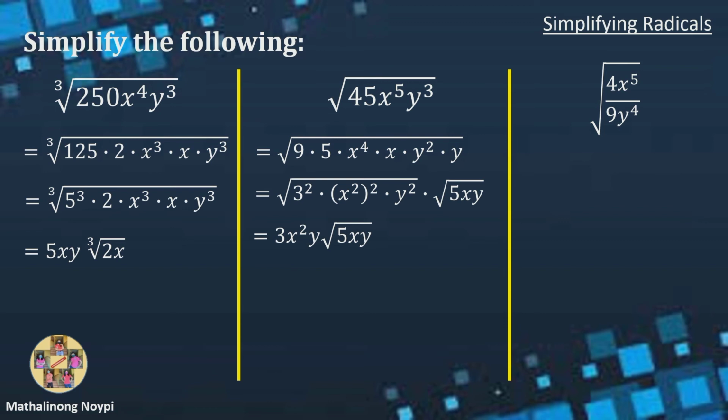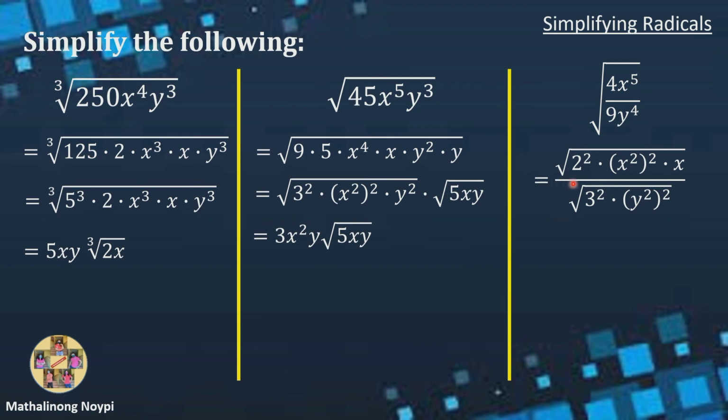So we have our next example, square root of 4x raised to the 5th power over 9y to the 4th power. So i-expand lang po natin ang ating numerator at denominator.